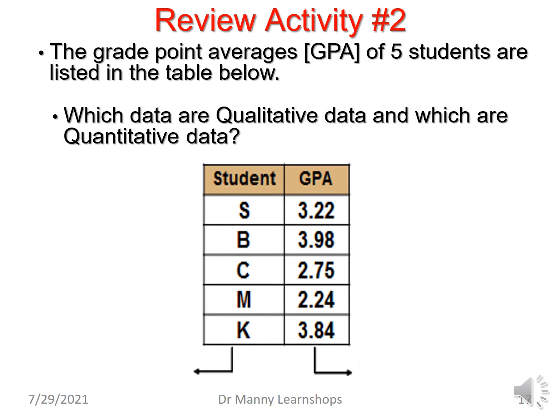The grade point averages of 5 students are listed in the table below. Which data are qualitative and which data are quantitative? The qualitative data are the students. The quantitative data are their GPAs.